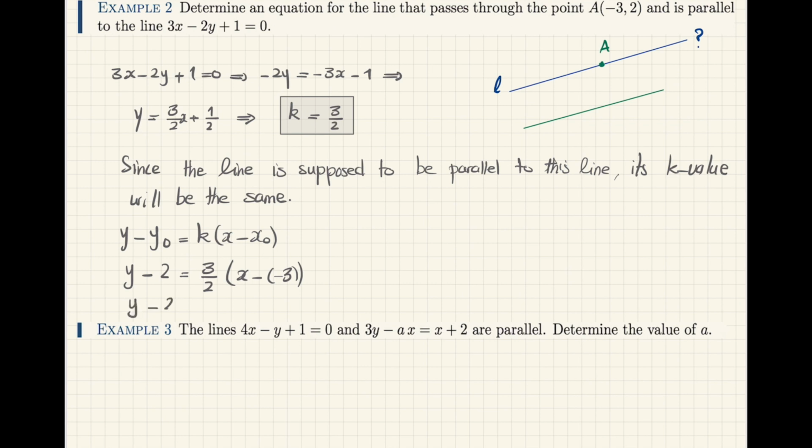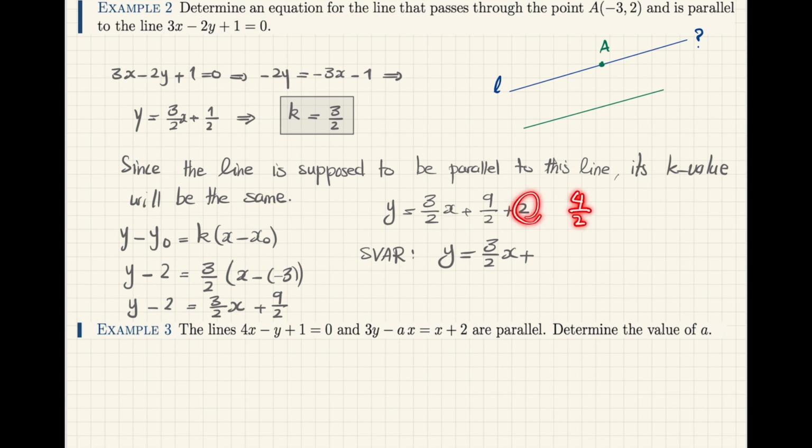I can write y minus 2. I multiply 3 over 2 inside, so it becomes 3 over 2 x. This minus becomes positive, and when I multiply 3 here, it becomes 9 over 2. And then to simplify that, I move 2 to the other side. It makes it positive. And then it's better to take the common denominator. So the final answer that we are looking for is y equals 3 over 2 x plus, instead of 2, I can write 4 over 2, and then the denominators are the same, so it becomes 13 over 2. So that is the answer to this problem.